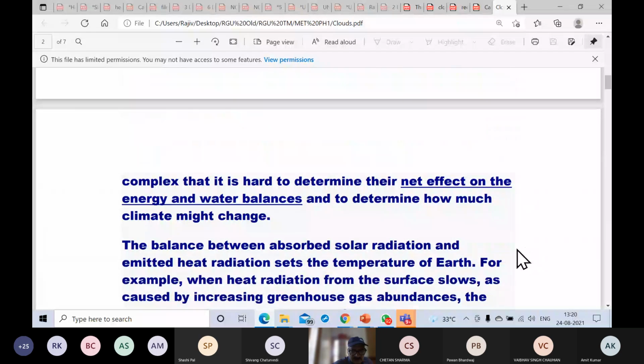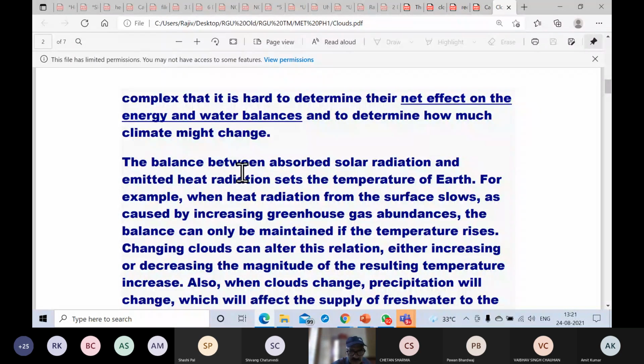Let us put it this way: instead of saying that it will determine the weather, a better word is it will influence the weather. If cloud is present, it is going to cause imbalance of the transfer of energy to and from the sea surface. Obviously, what I'm trying to say is that there should be a balance between absorbed solar radiation and emitted heat radiation, which sets the temperature.